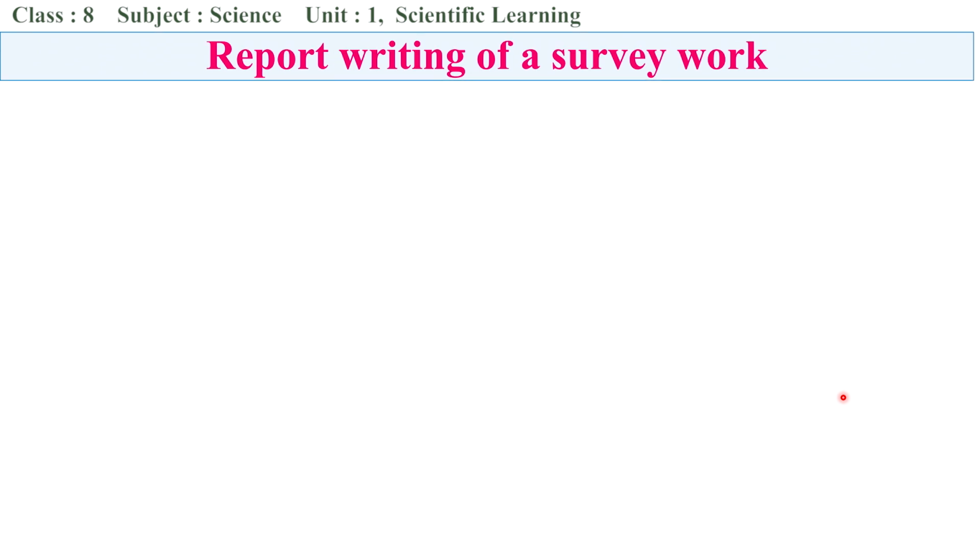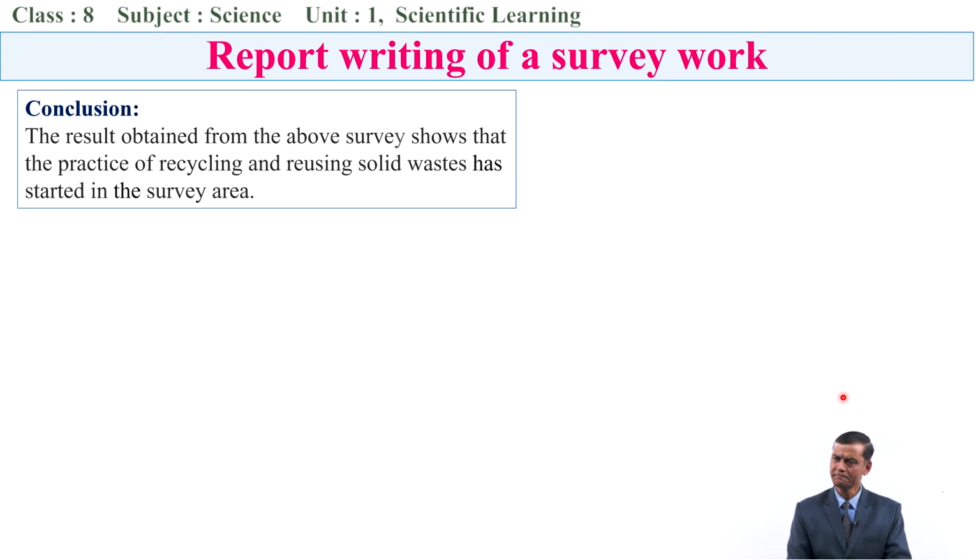Dear student, then what is our conclusion? After writing this report, we should draw the conclusion like this. The result obtained from the above survey shows that the practice of recycling and reusing waste has started in the survey area, isn't it? Has started.